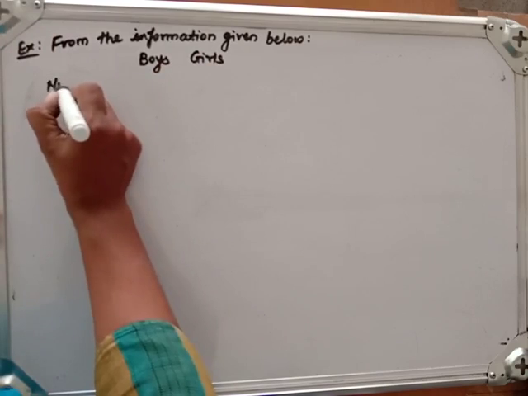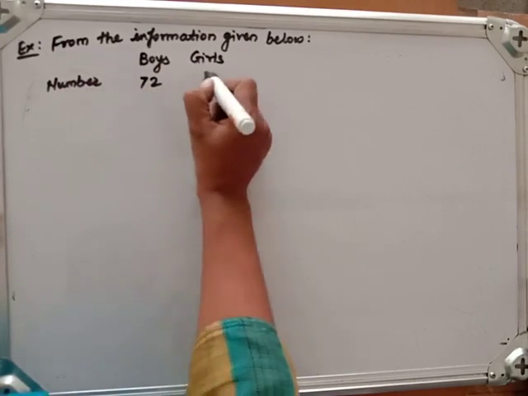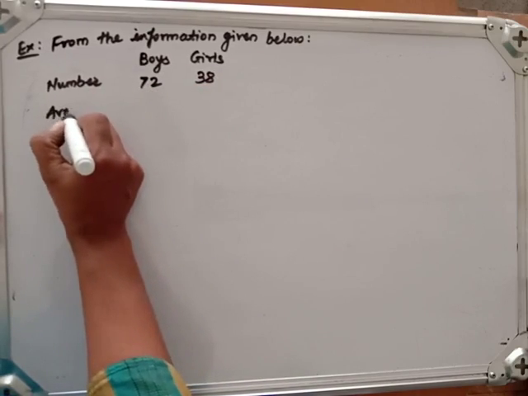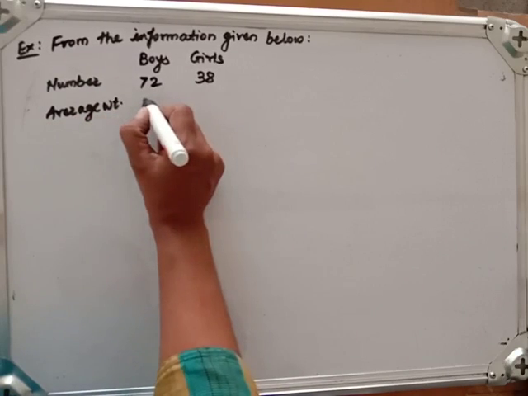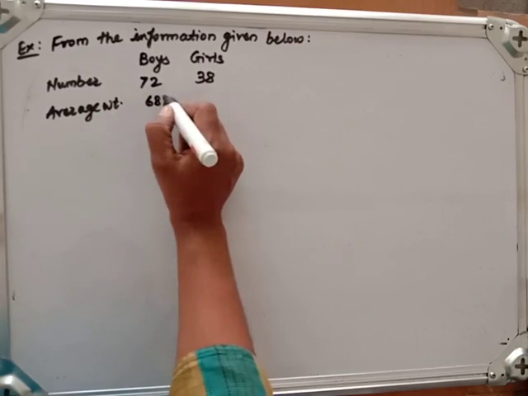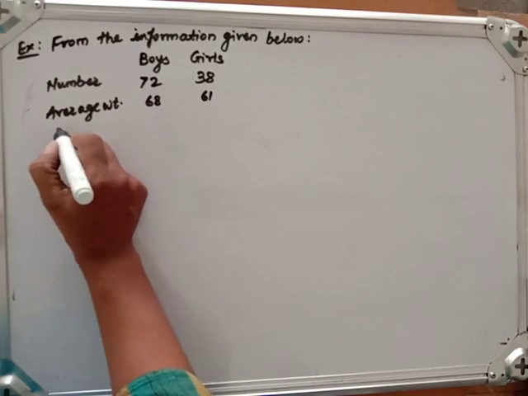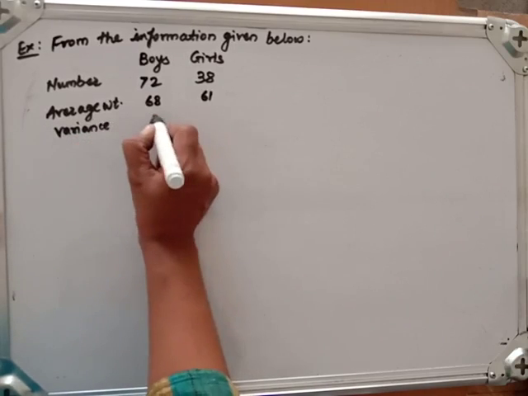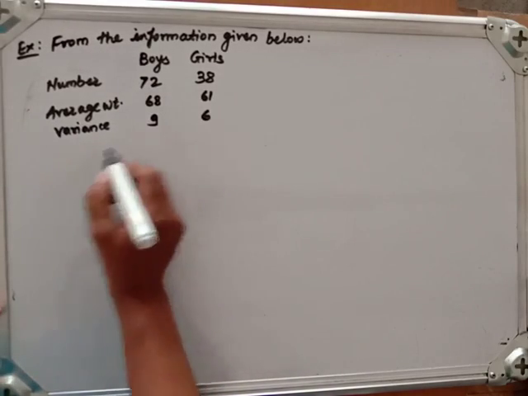The number of boys is 72 and the number of girls is 38. The average weight of boys is 68 kg and of girls is 61 kg. The variance is 9 and 6 respectively.